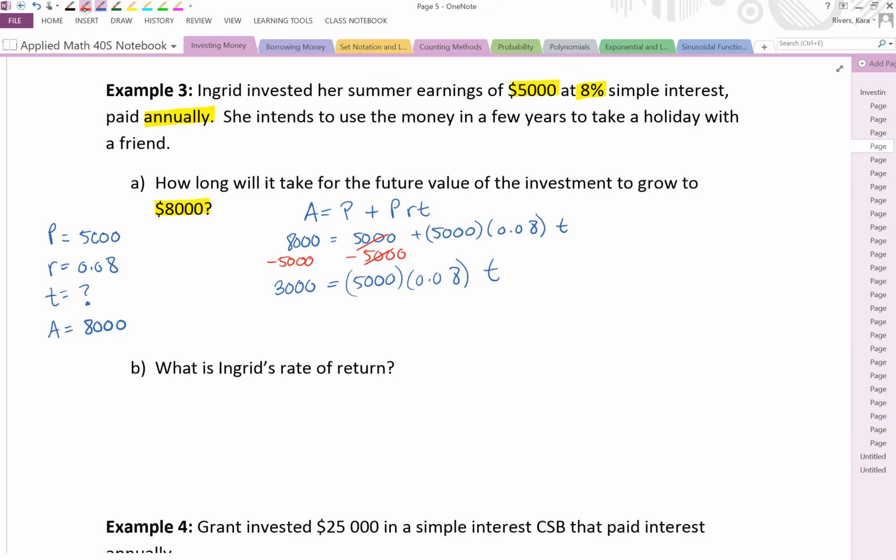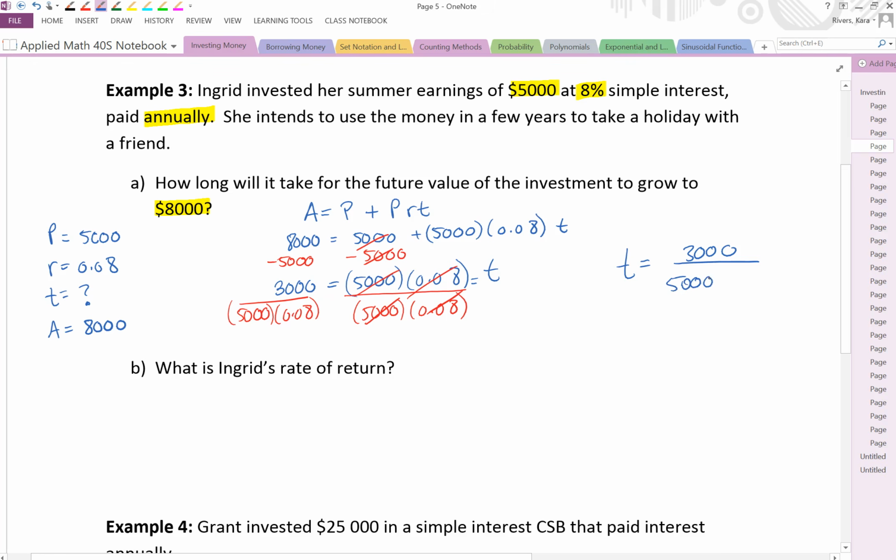So at this point, what I'd rather do is I just divide both sides by all of that stuff. This cancels everything out here, and now you're left with time is equal to 3,000 divided by 5,000 times 0.08.